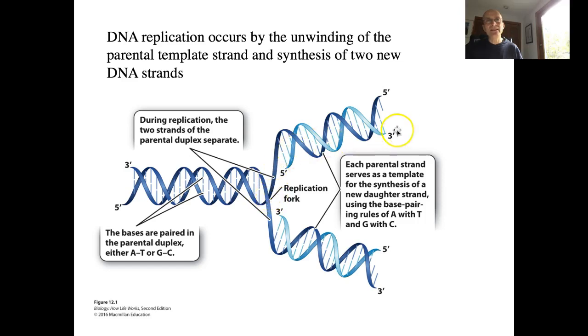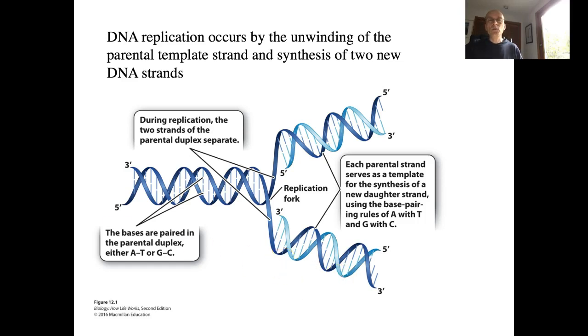And so you get this fork where the replication occurs, and that is what's called a replication fork. And then each parental strand, so each of the dark blue strands, now serves as the template for the synthesis of the new daughter strand, which is the light blue strand. You see that that's not here yet, right? It just gets added into here or here as the DNA is replicated.